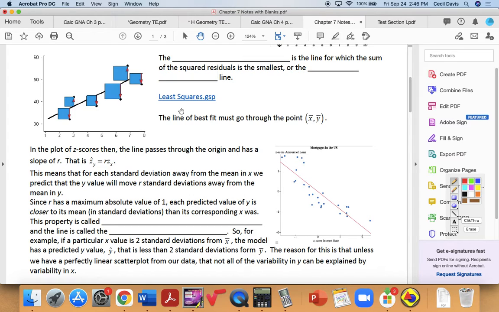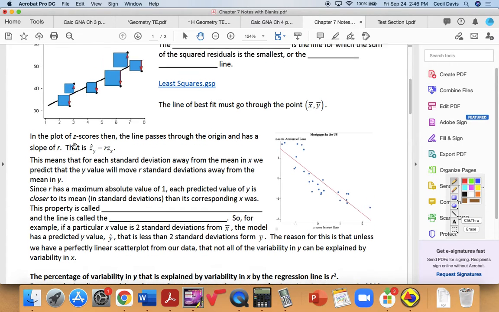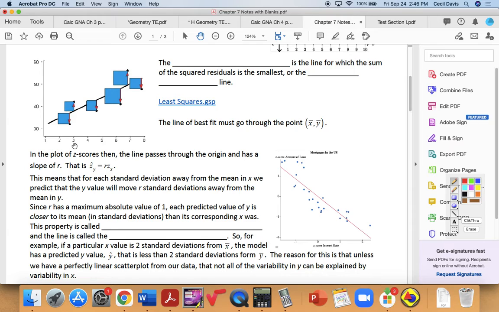Right, the number of standard deviations the point is away from the mean. So we could do the z-scores for x and the z-scores for y, and then plot a whole bunch of points. When we do that, then the line of best fit is going to pass through the origin and have a slope of r. What the heck is r? Well, r is just going to be the slope of that line.